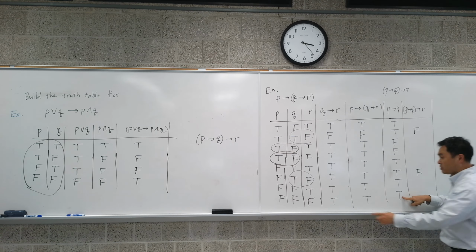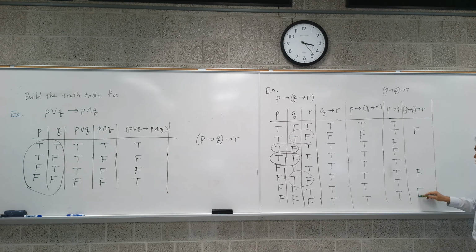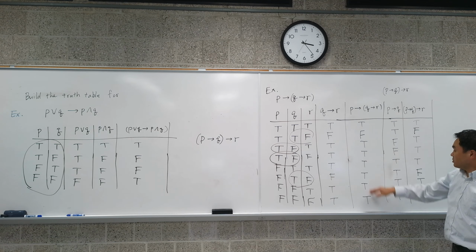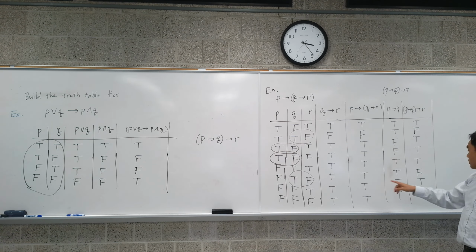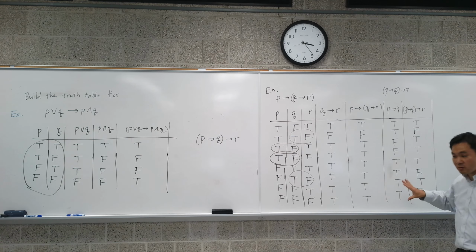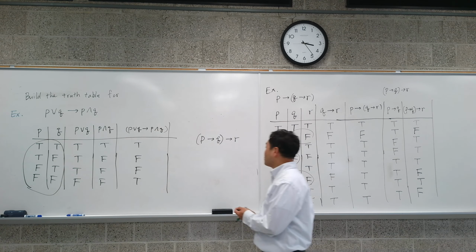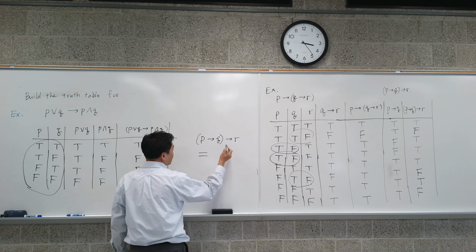And T implies false, that's going to be false. So these are the cases where this is going to evaluate to false, all the other ones will be true. And as you can see, these two have different values, especially at these two places, right? Because they evaluate to different values, we can see that those two things are not the same.